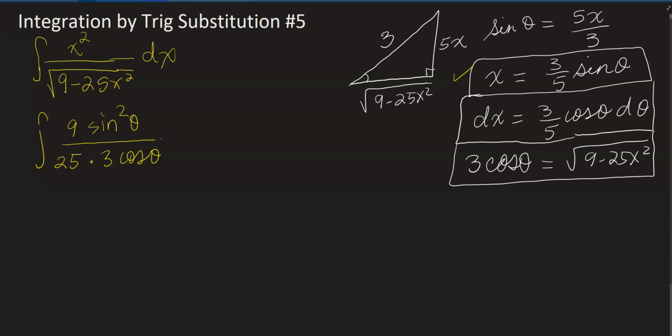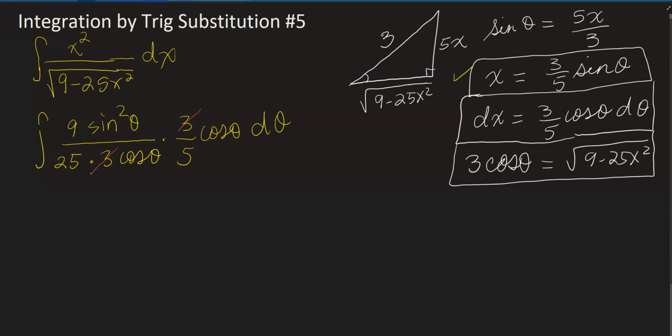And then the dx is 3/5, so times 3 over 5 cosine of theta d theta. Okay, so that is what we have currently, and we can clean that up a little bit. Let's take a look at how we can clean that up.